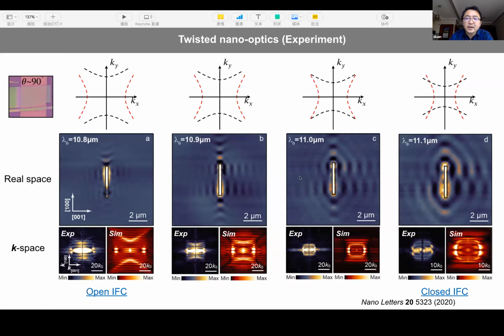If we further increase the incident wavelength, they get closer, and finally we will have this intersecting point, and we will have the closed wavefront and also the closed isofrequency curve. That means this is another topological transition. It's controlled by the incident wavelength, from the open to closed isofrequency curve.